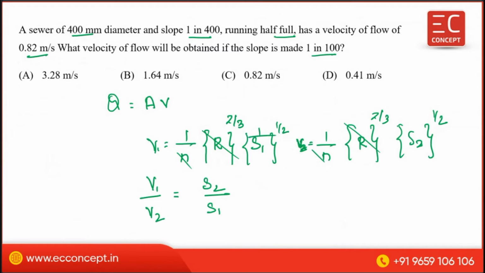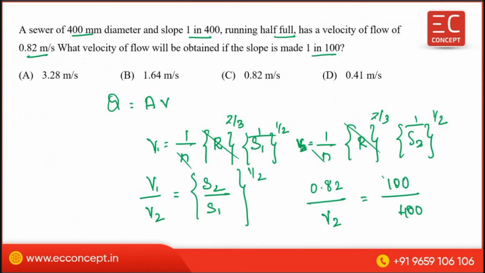Okay, so take S1 as 1 in 400 and S2 as 1 in 100, so that gives 100 by 400 under the root, that is 1 by 2. Okay, so V1 is already given, 0.82. So we need to calculate V2. What is S2? It is 100. What is S1? It is 400. So whole power 1 by 2. So it is 1 by 4. Root of 1 by 4 is 1 by 2. So from here V2 is equal to 2 into 0.82, nothing but 1.64 meter per second.